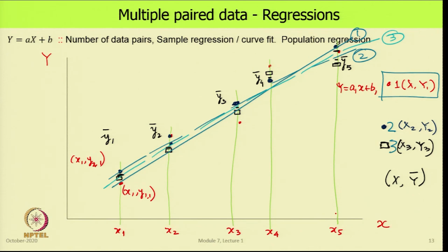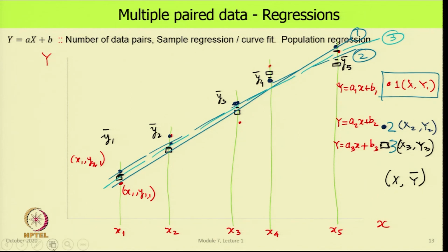So, their regression constants are a and b. The second person gets y is equal to a2 x plus b2. The third person gets y equal to a3 x plus b3, and as many such regressions were there.